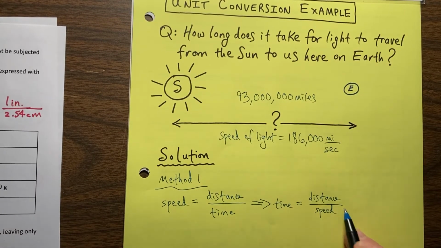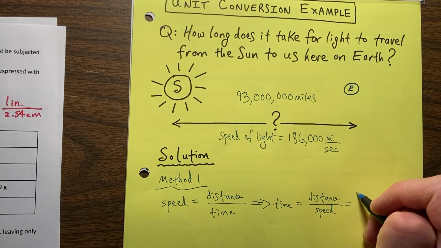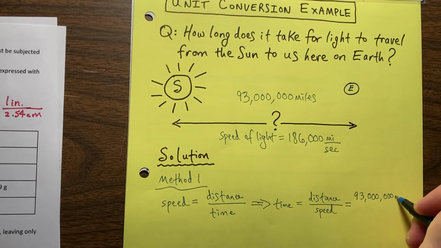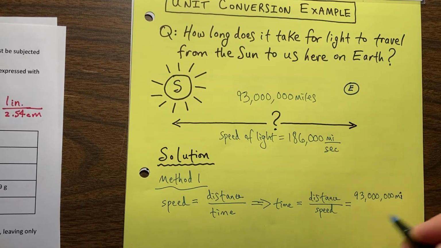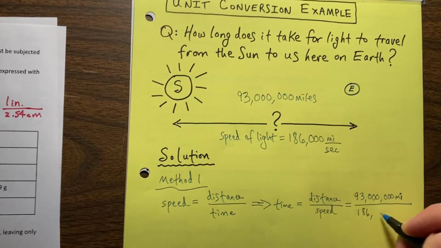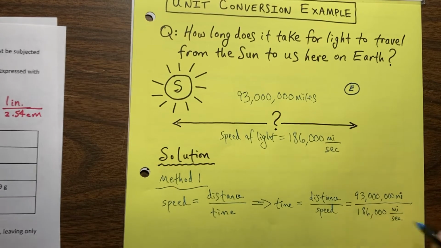So then you could just directly plug them into this equation. You'd say 93 million miles, and put mi is good enough for miles, and then over speed, which is 186,000 miles per second.